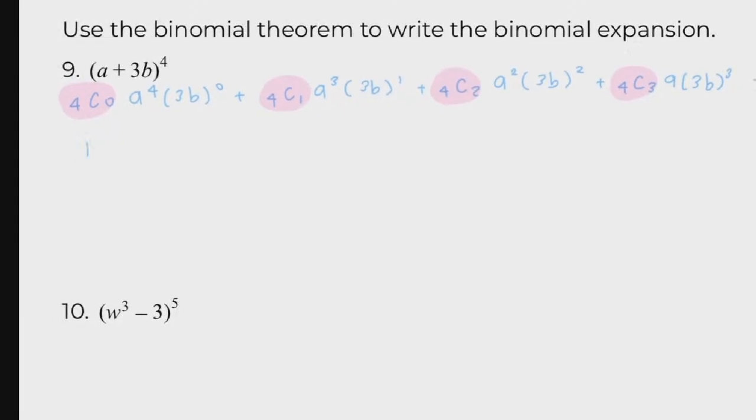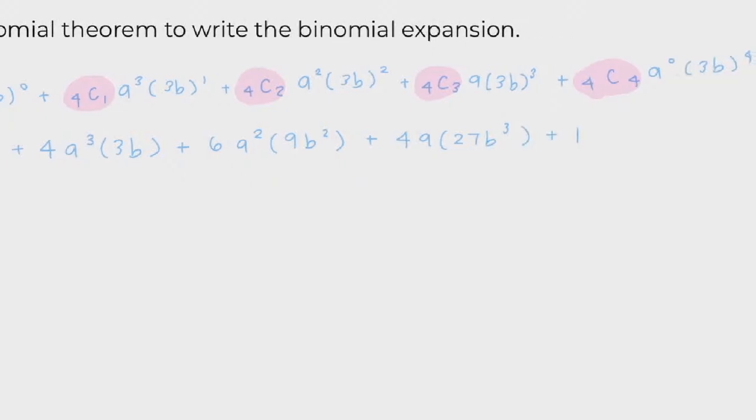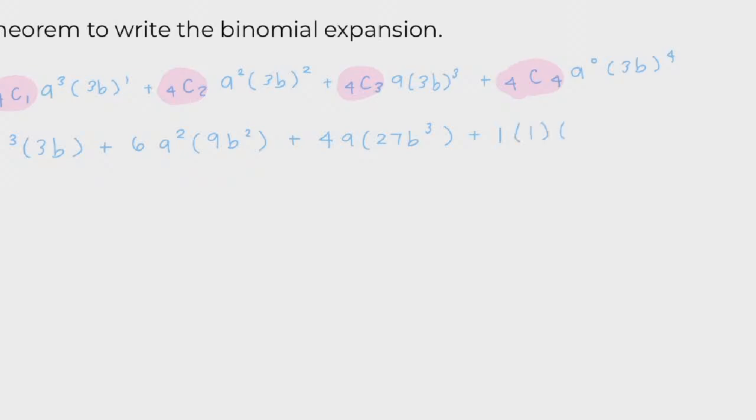So that's going to be 1 times a to the 4th times 1, plus 4 a cubed times 3b, plus 6 a squared times 9b squared, plus 4 a times 27b cubed, and then plus 1 times 1 times 81b to the 4th.